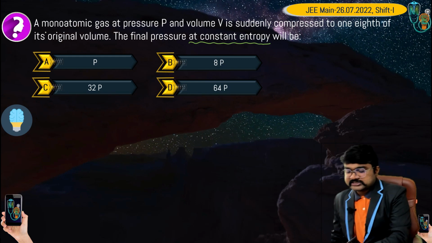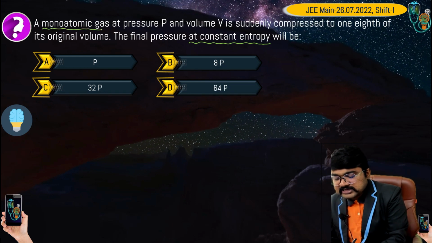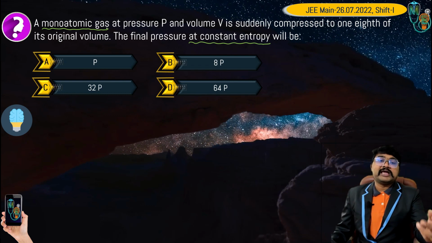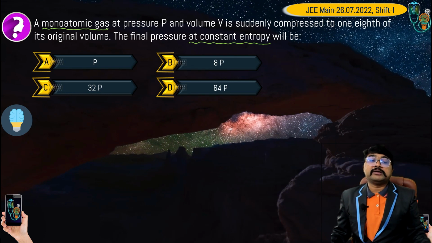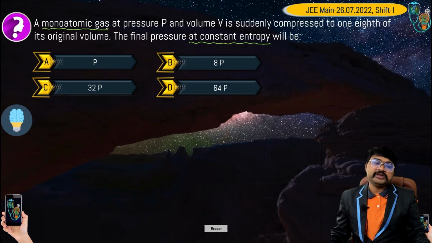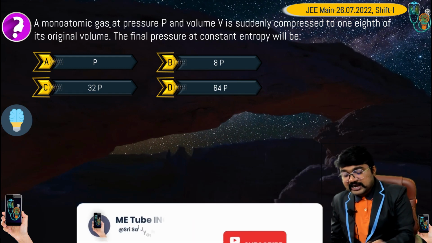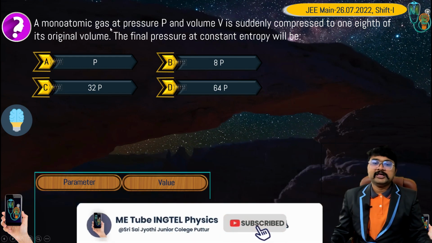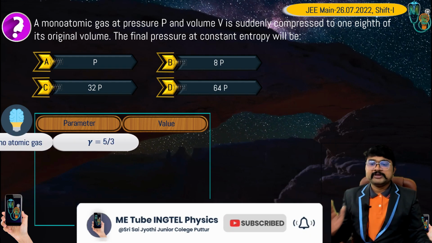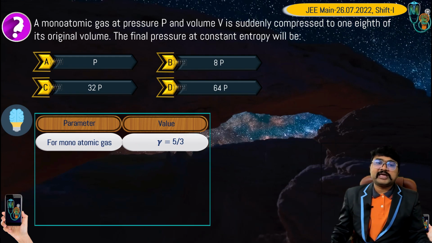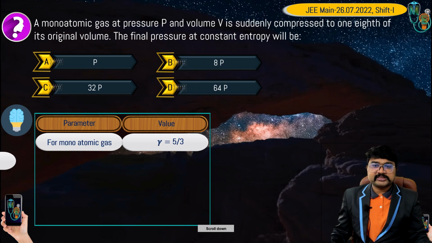Here we need to focus on the monoatomic gas, for which gamma equals 5/3. Based on that, we need to solve the problem. Understand the question properly and write down the given data. For monoatomic gas, gamma equal to 5/3.